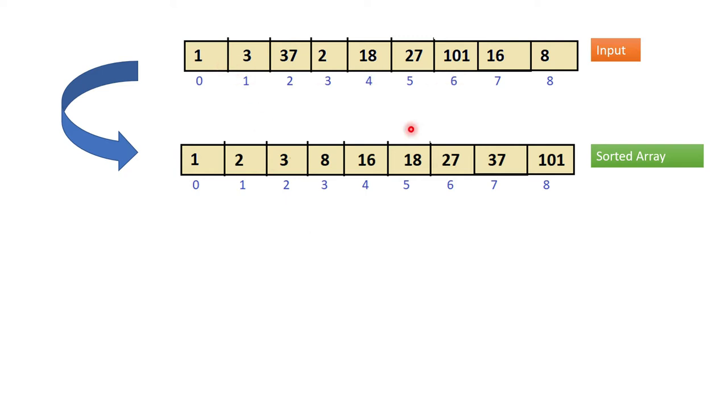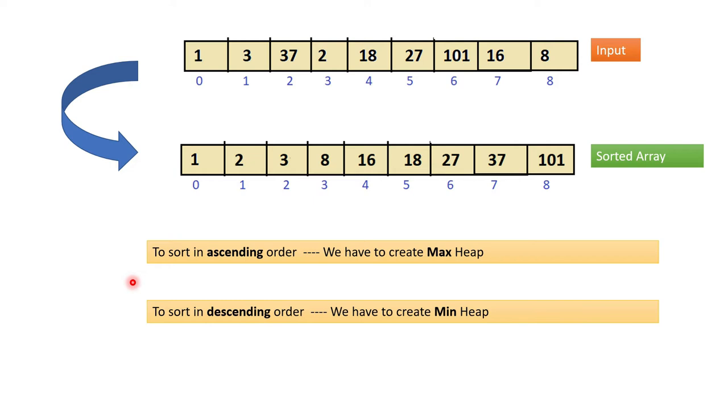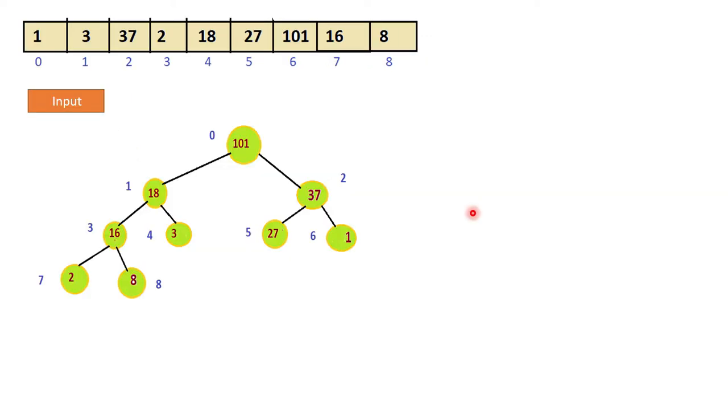If I have to sort in ascending order, then we create a max heap. If we have to sort in descending order, then we create a min heap. Why, we will see next. For our example, we will talk about ascending sort only.